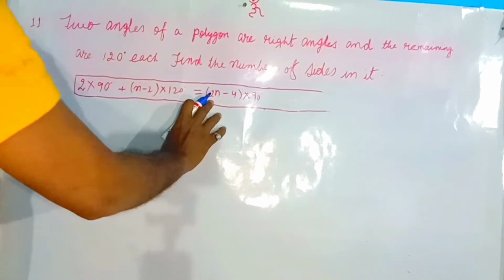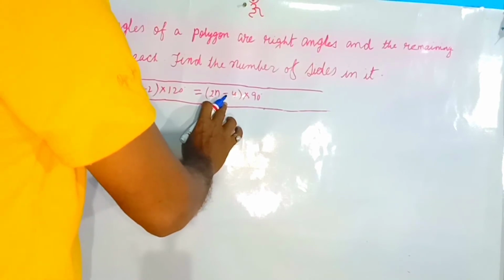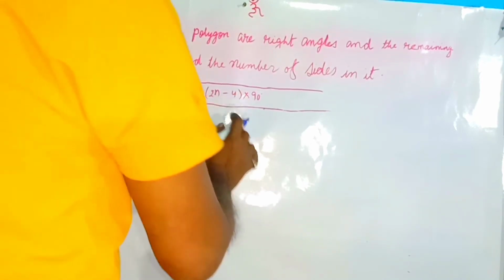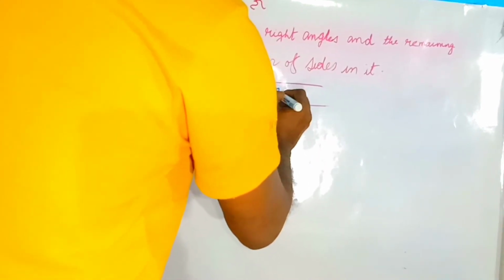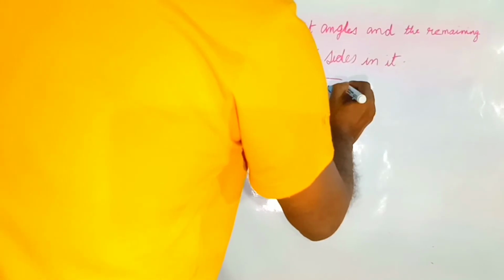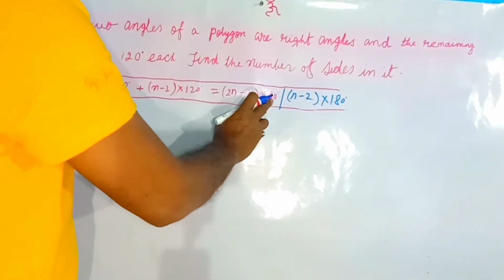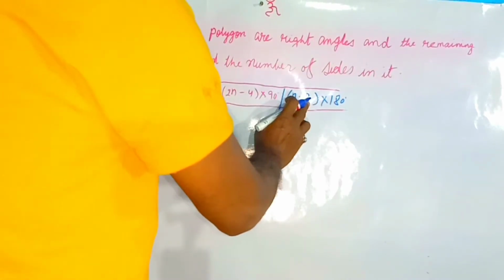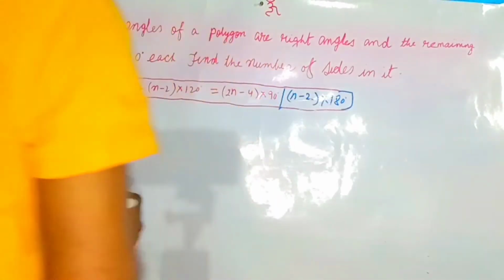As we know, this one, (2n minus 4) into 90 degrees, is the formula for the sum of angles of a polygon. We can also write this formula like this: (n minus 2) into 180 degrees. In the place of (2n minus 4) into 90 degrees, we can also write (n minus 2) into 180 degrees. Now we will solve this sum.